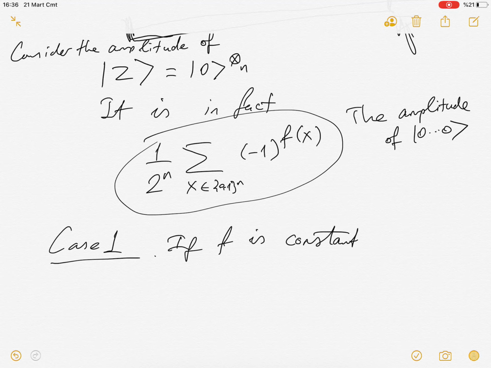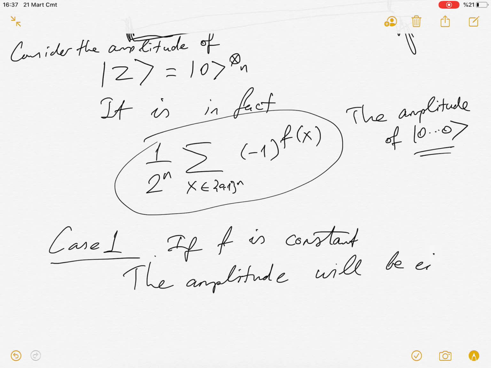Now let's consider what happens if f is constant. If f is a constant function, either for all x, f of x is 0, or for all x, f of x is 1, and depending on that, the amplitude of the all zero state will be either plus 1 or minus 1, depending on the value of f of x.